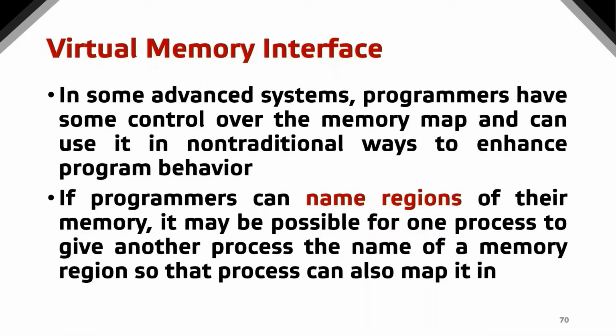It is worth mentioning that in some advanced systems, programmers have a unique ability to have control over the memory map by naming regions of their memory. And it may become possible for some processes to give another process the name of a memory region, so that process will also map it in.